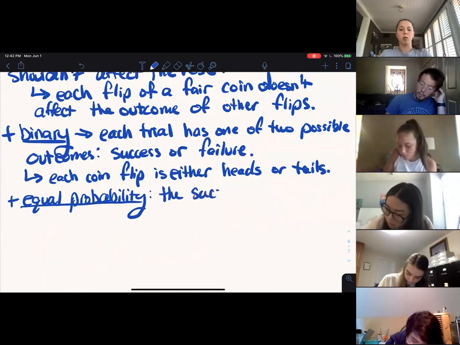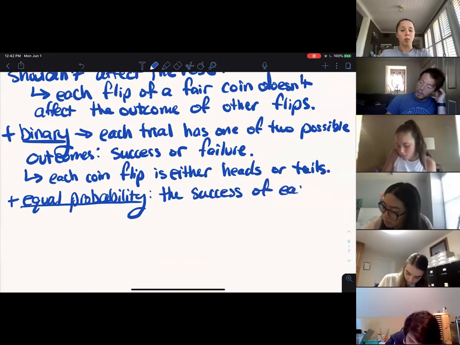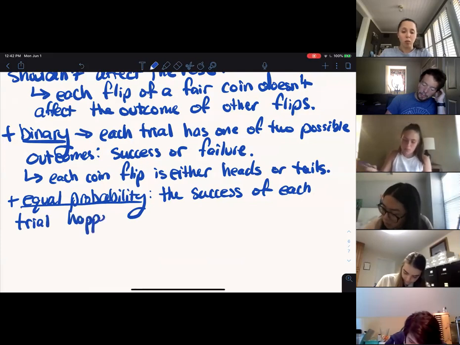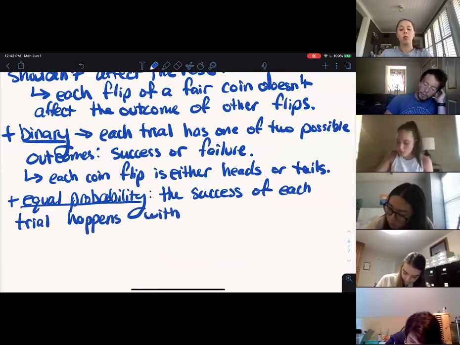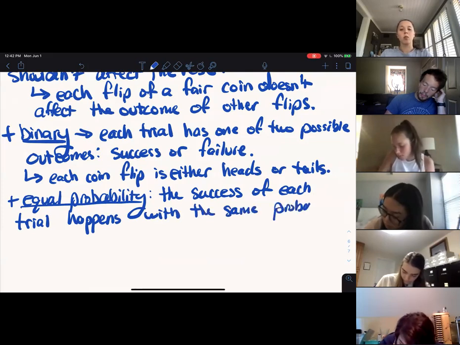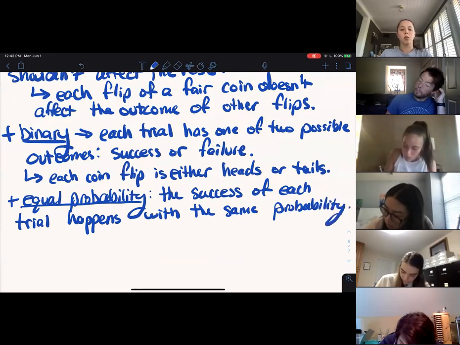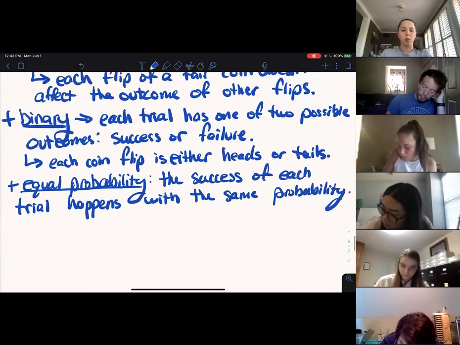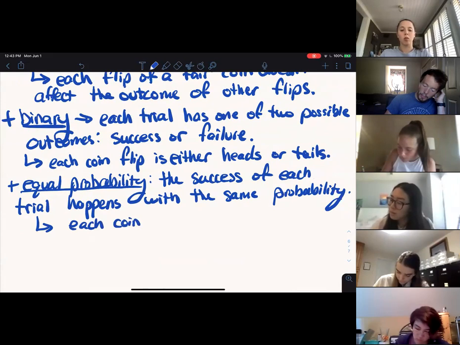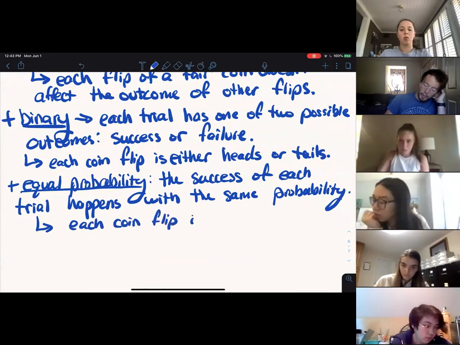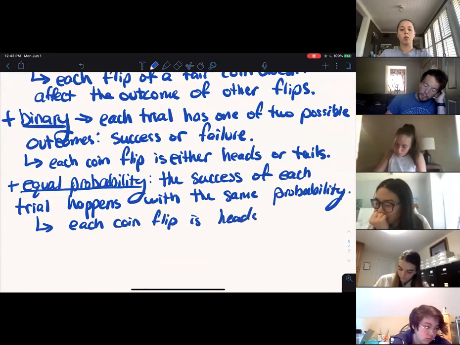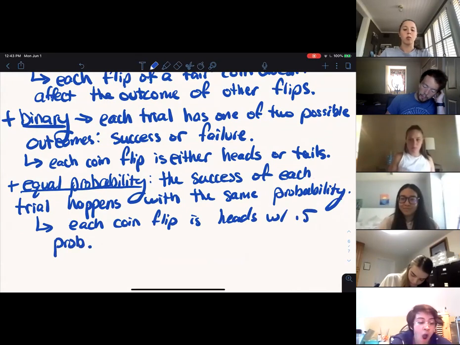The success of each trial happens with the same probability. So each coin flip is heads with 0.5 probability, right?